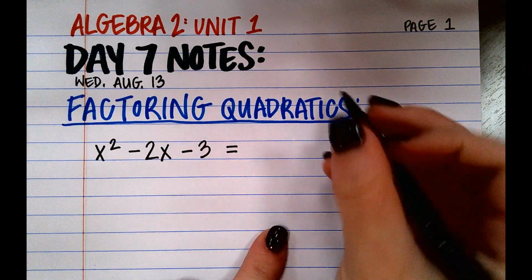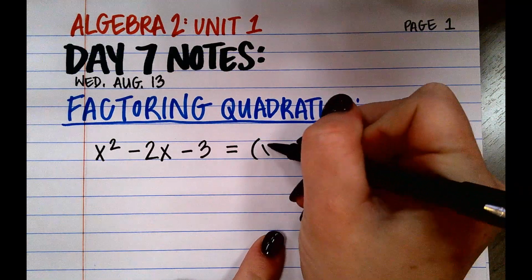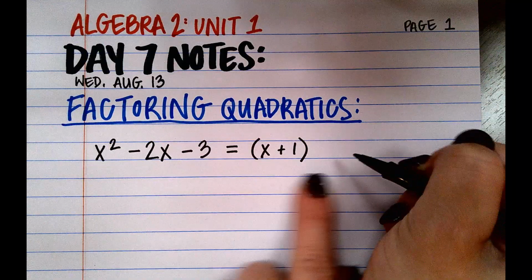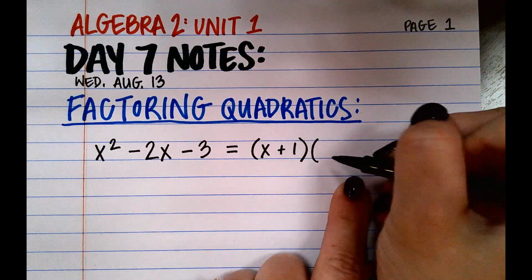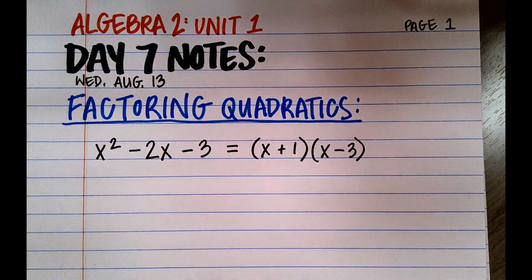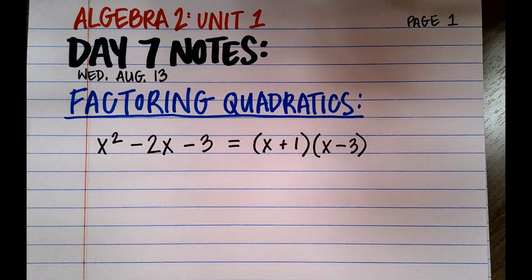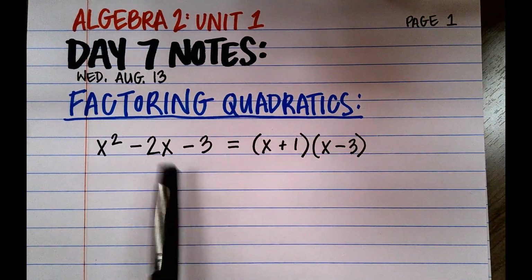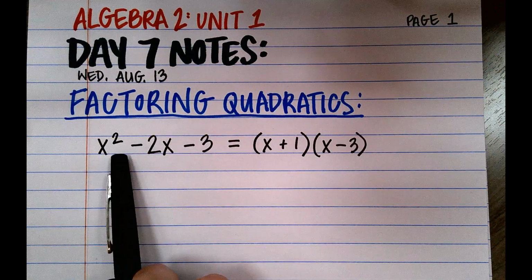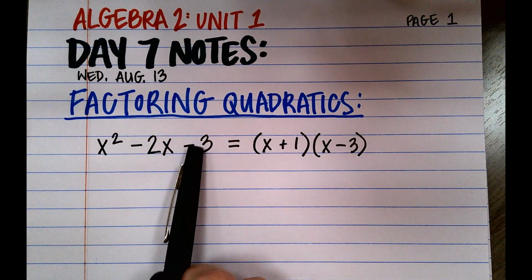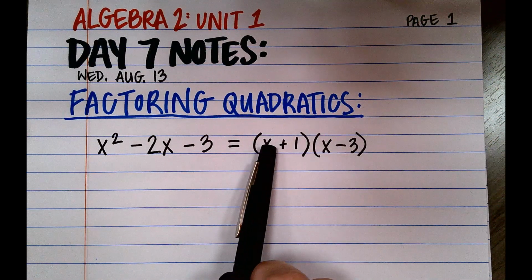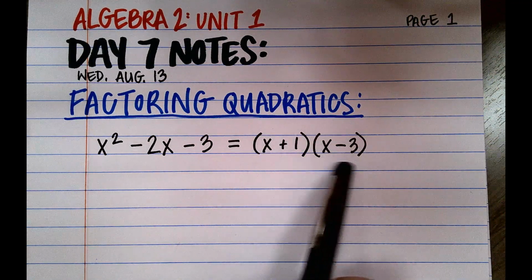Equals x plus 1 times x minus 3. Okay. I'm going to prove to you that this quadratic, x squared minus 2x minus 3, is equal to this multiplication problem, x plus 1 times x minus 3.